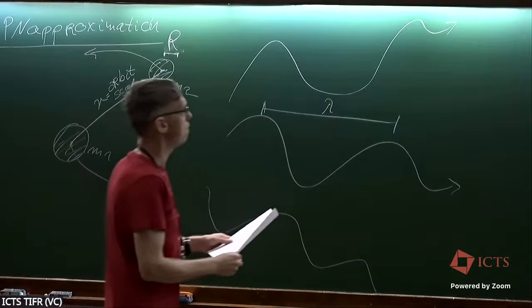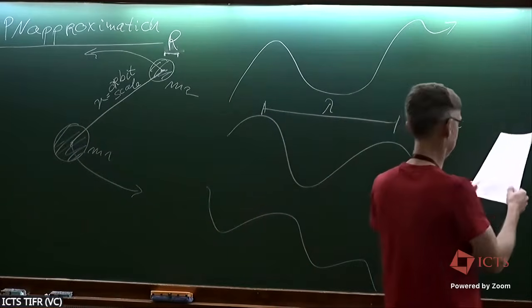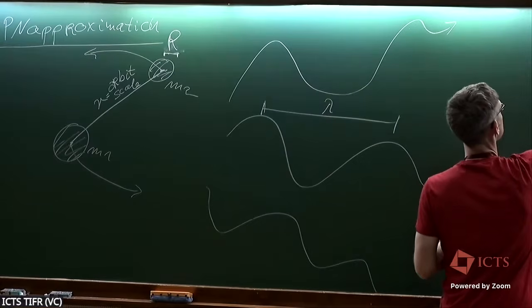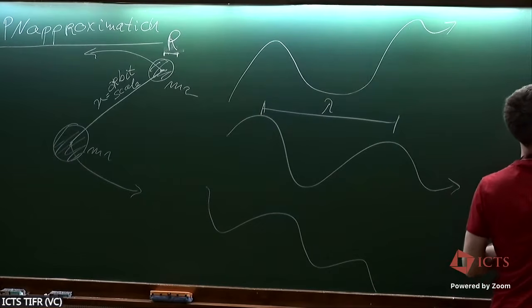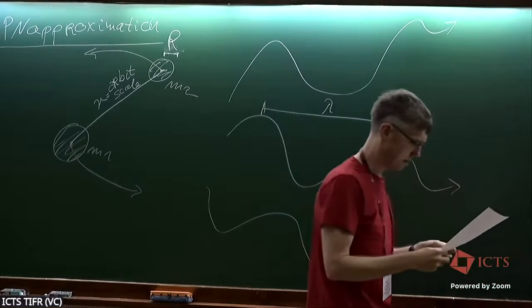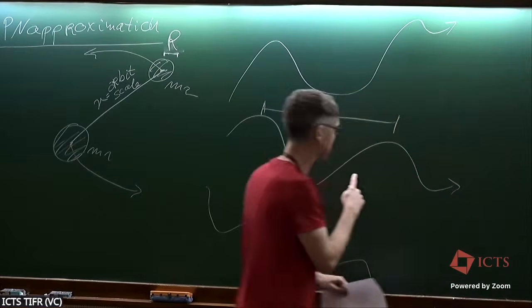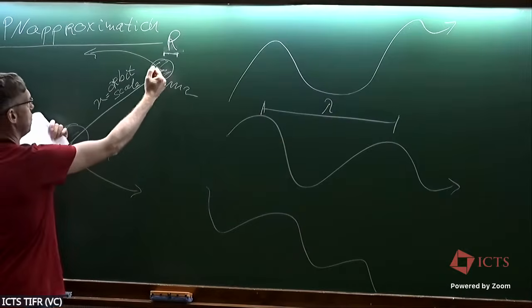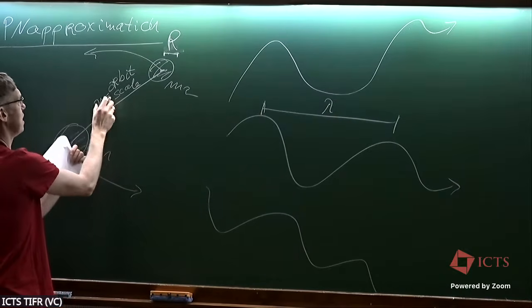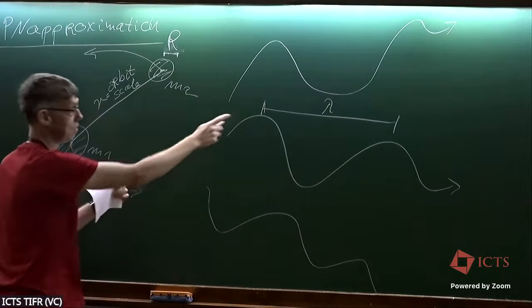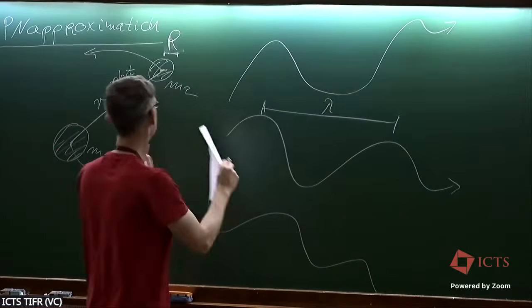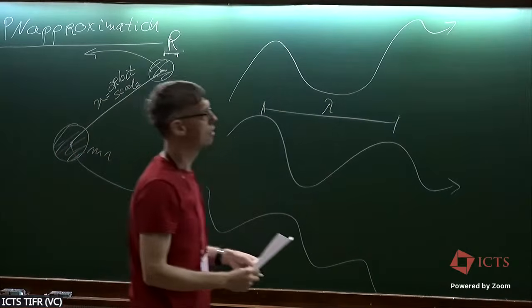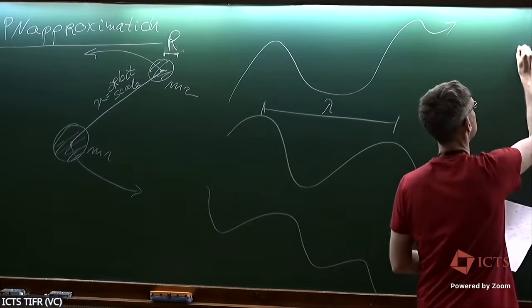So we usually have a hierarchy of scales, where R is the smallest, then comes the size of the orbit, and then the wavelength. However, of course, this doesn't have to be the case. When the two bodies are very close together, the size of the orbit, the size of a body, and also the gravitational wavelength are all comparable, right? So only when the orbit is at a large separation do you have this hierarchy of scales.